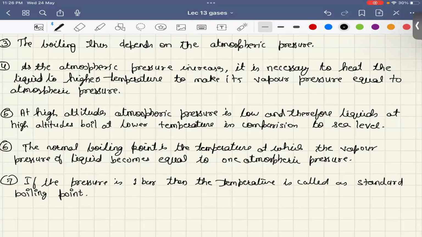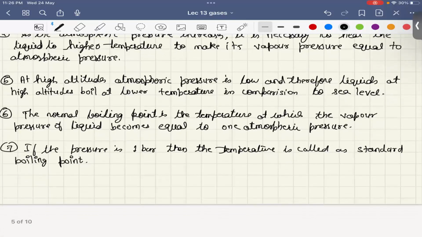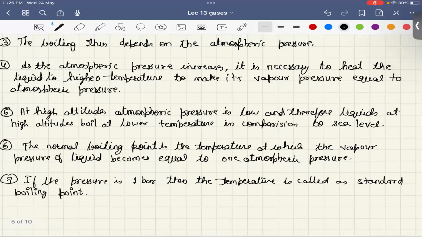Right? Standard boiling point of liquid is slightly lower than the normal boiling point because 1 bar pressure is slightly less than 1 atmospheric pressure. Right?